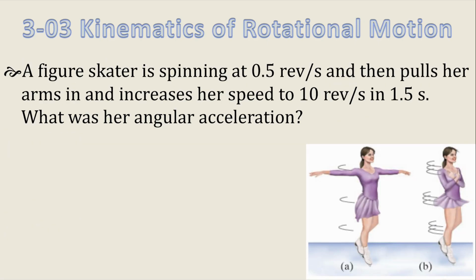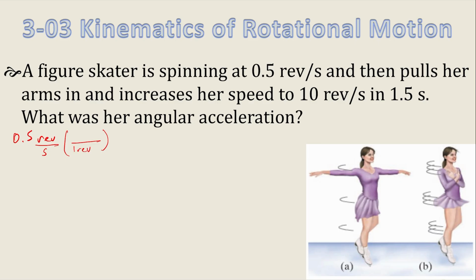A figure skater is spinning at 0.5 revolutions per second, and then pulls her arms in and increases her speed to 10 revolutions per second in 1.5 seconds. What is her angular acceleration? Well, the first thing we need to do is convert the revolutions per second to radians per second.